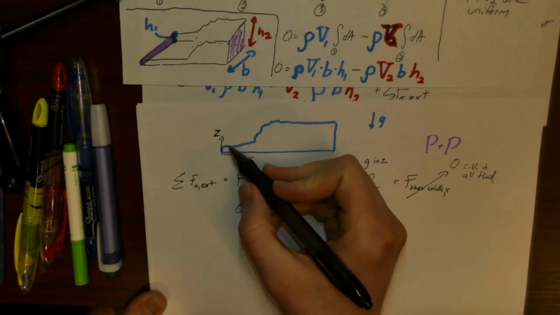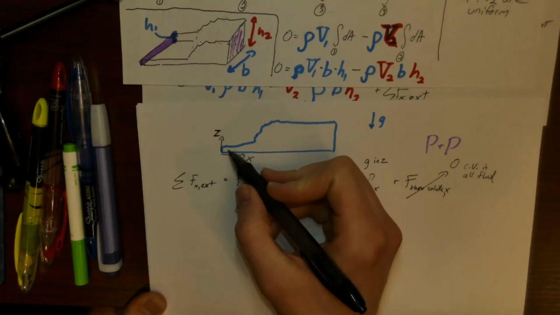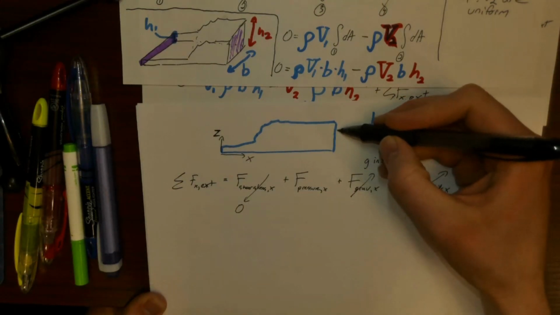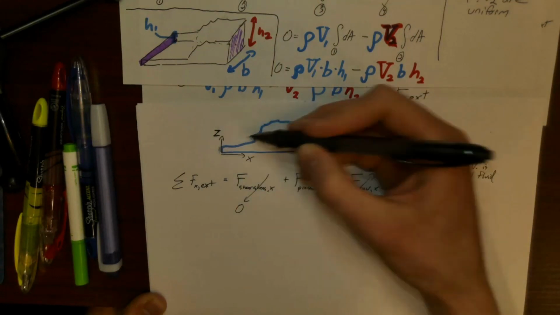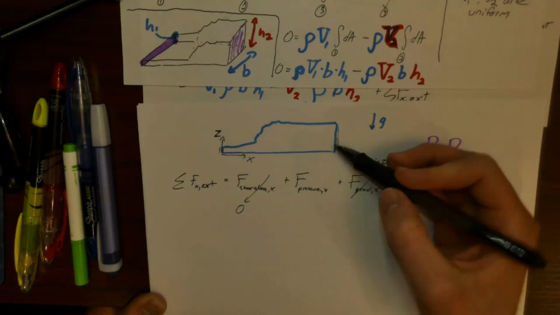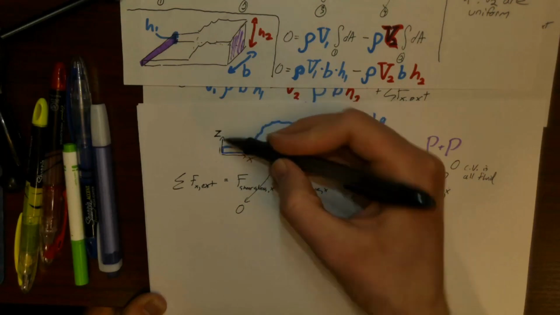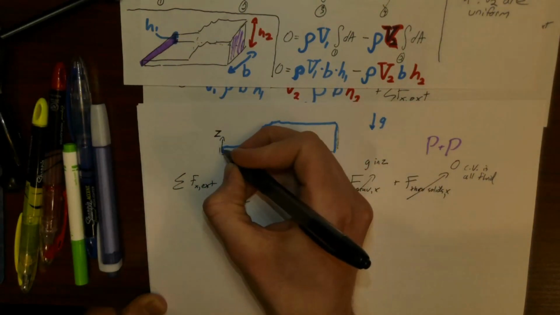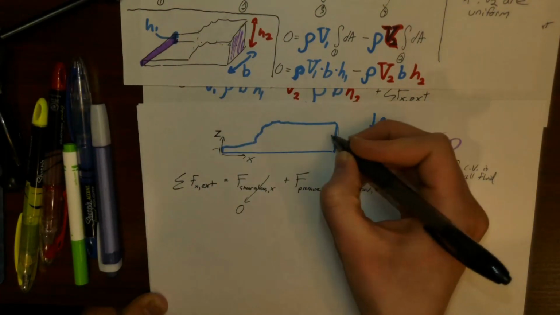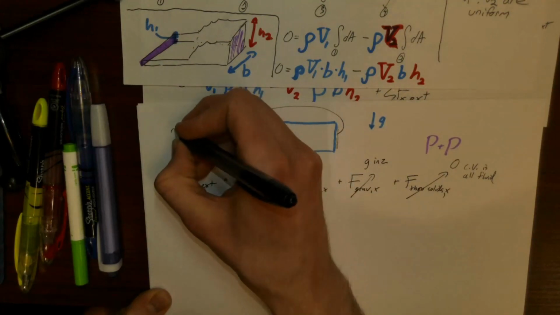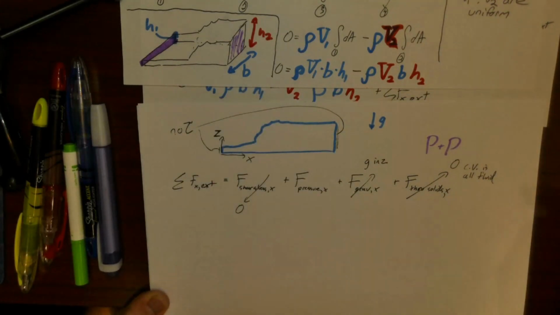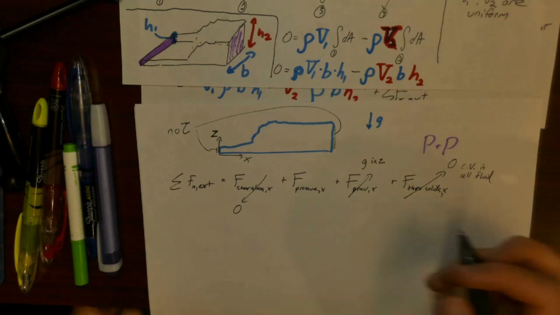So let's think about what surfaces there could be shear stress on. Well, if I think about these two surfaces here and here, even if there were shear stress on these surfaces, it would be in the z direction, not in the x direction. So there's no shear stress on surfaces 1 or 2.